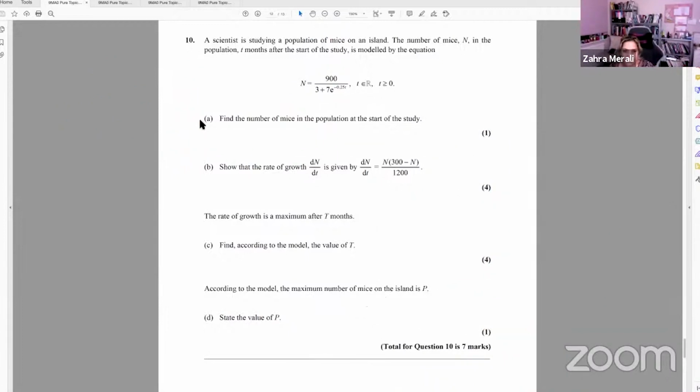Okay, the rate of growth is a maximum after t months. Find, according to the model, the value of t. Now, it's going to be a maximum after t months. Okay, so we said 900 divided by, rate of growth is given by, so n is 300, and we want to find the maximum for t.